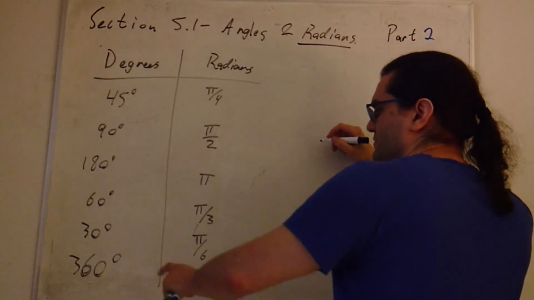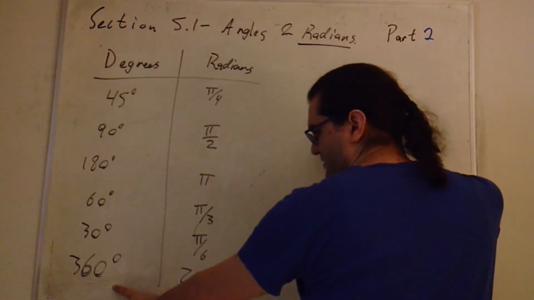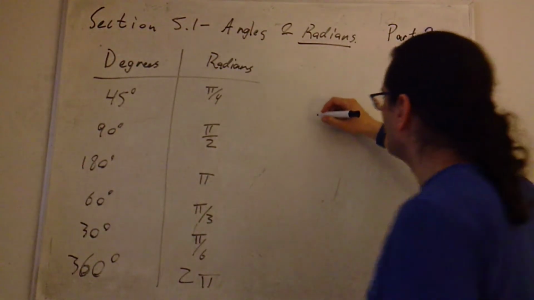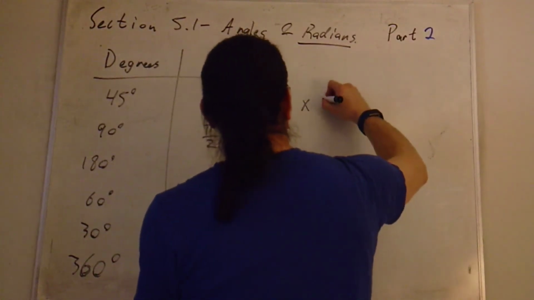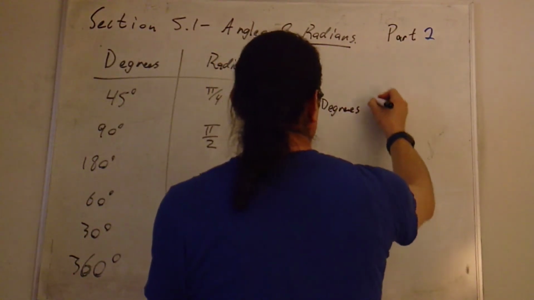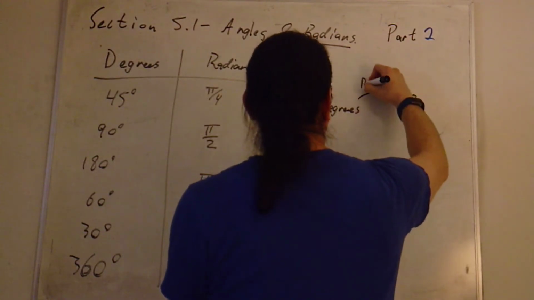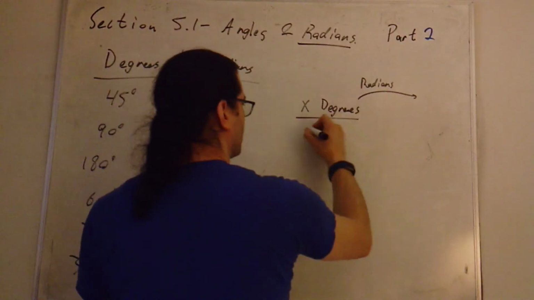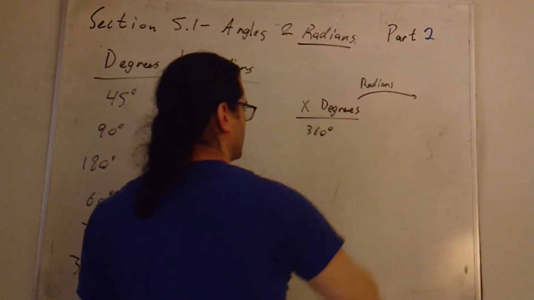The formula is based off of this idea. 360 degrees is 2 pi. That's a full circle. So if you have x degrees and you want to turn that into radians, we can first divide by 360 degrees.